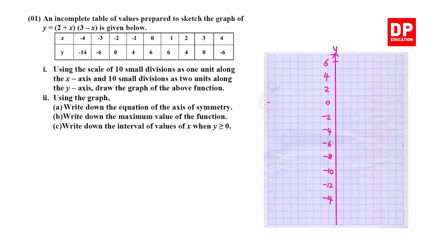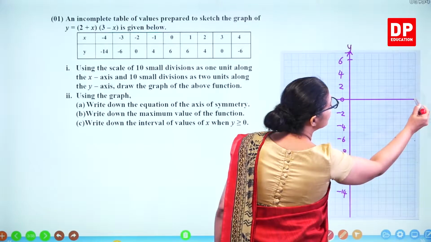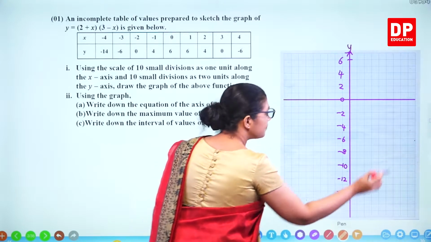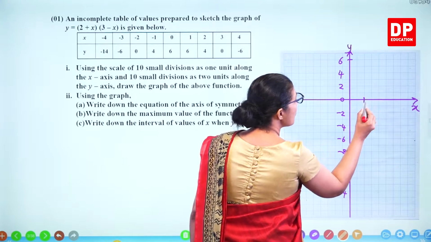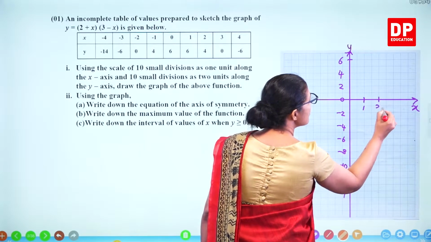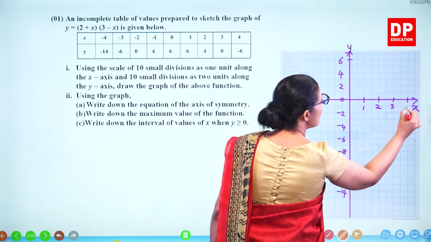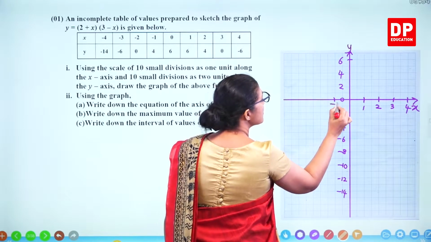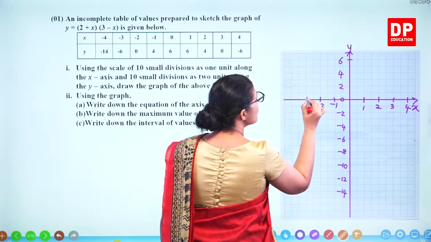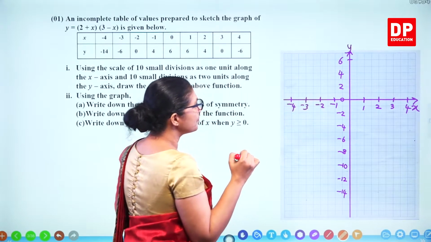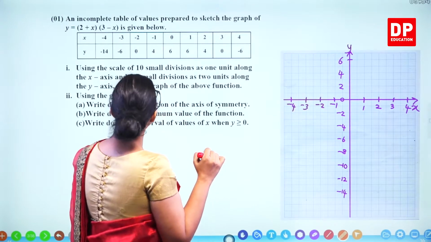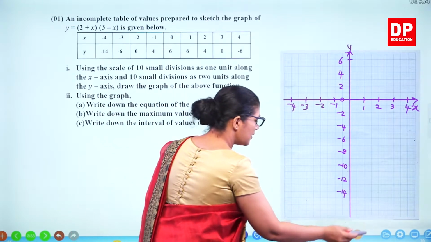Now we can draw the x-axis. This is the x-axis. So 10 squares, 1 unit. 1, 2, 3, 4. And here minus 1, minus 2, minus 3 and minus 4. Now we can mark the points.